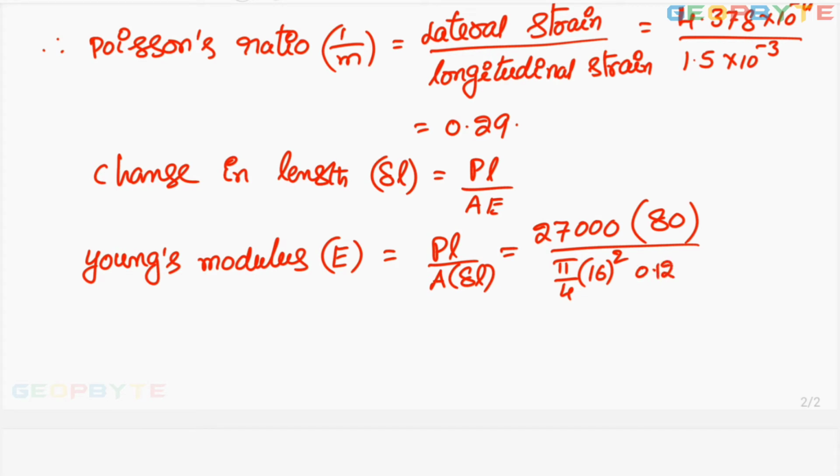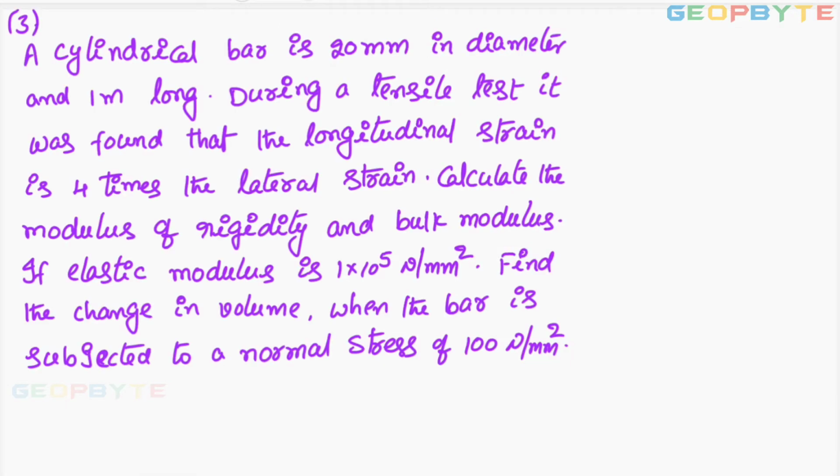You simplify this value for getting the Young's modulus, which is around 0.89 into 10 raised to 5 Newton per millimeter square. That is how you can solve the problem. I hope all of you understood. Let us take one more problem. Next problem.